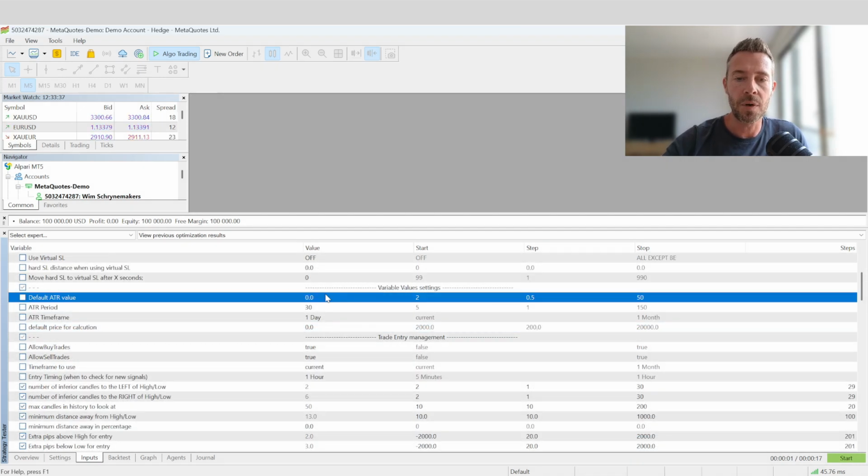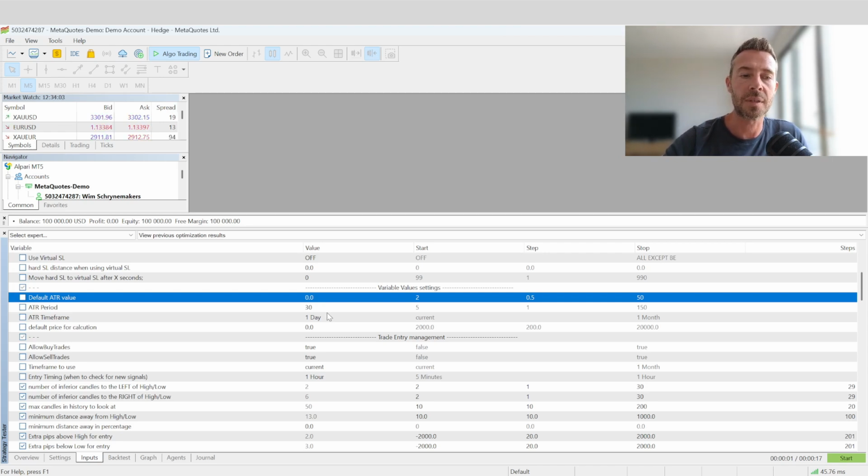Now, these are a bit more important, the variable value settings. I introduced these into the EA because for some markets like gold, indices, Bitcoin, for example, these markets tend to grow over time, which means gold at one time was around 1,000, the value of gold, and now it's around 3,000. It basically also means that the moves that gold makes are related to the value of the price.